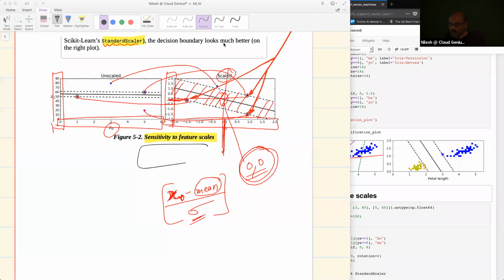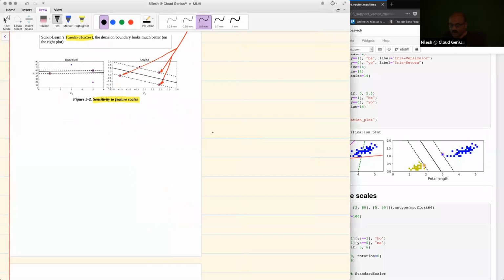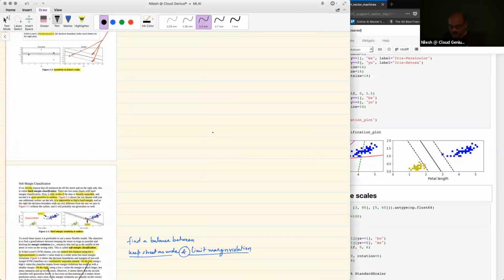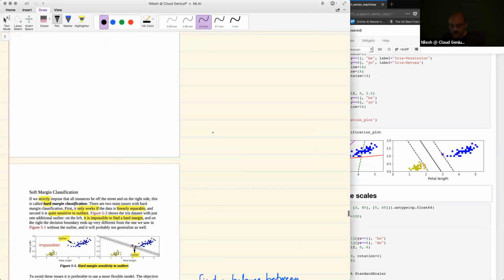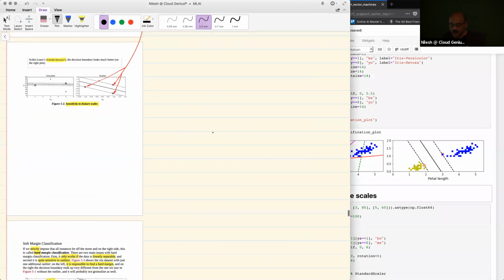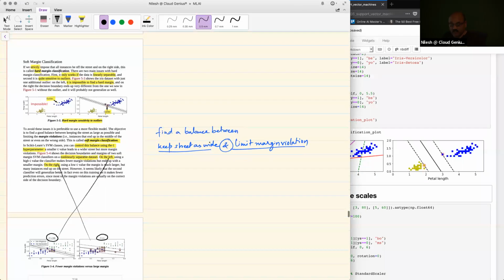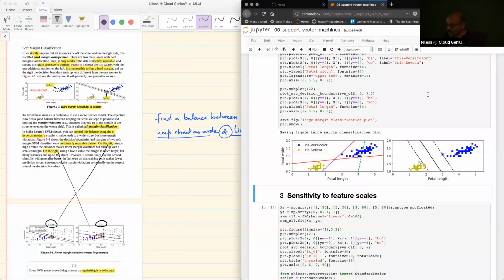So let me clear my drawings and close this one out, shrink the book a little bit. Okay, so that was the underlying idea behind scaling. And we will now execute the same things in our notebook right there.